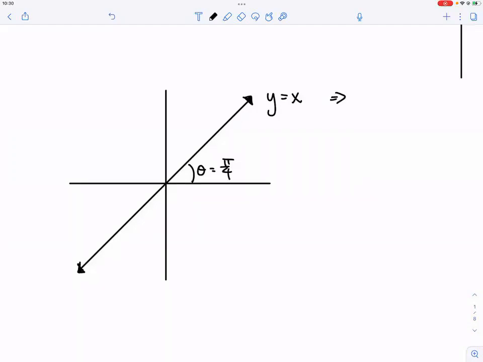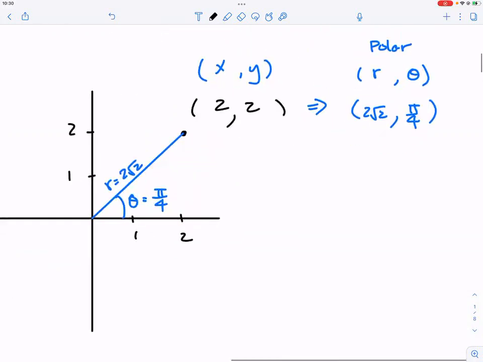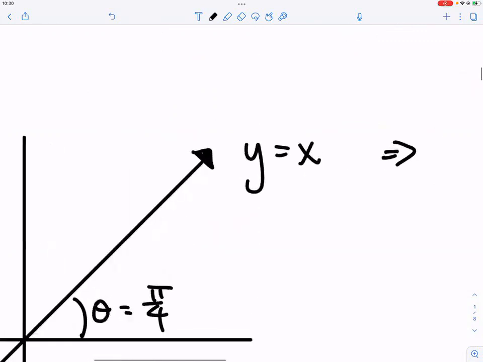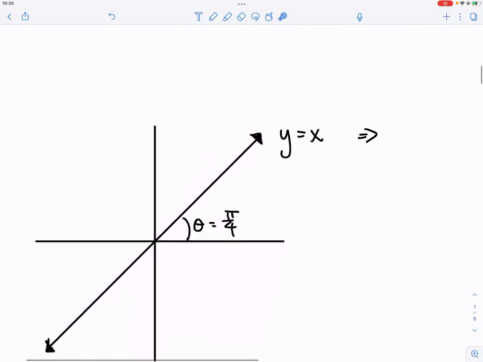If you understand the idea of r and theta, r is the distance from the origin, theta is the direction. All of the points over here share the same angle, the same direction at pi over 4, but at different radii.